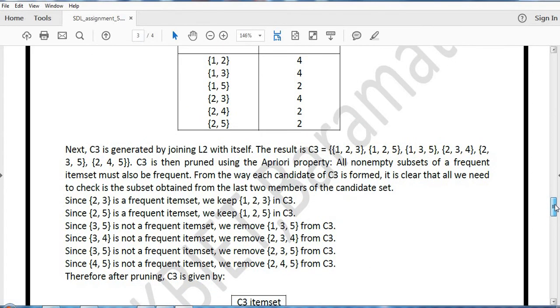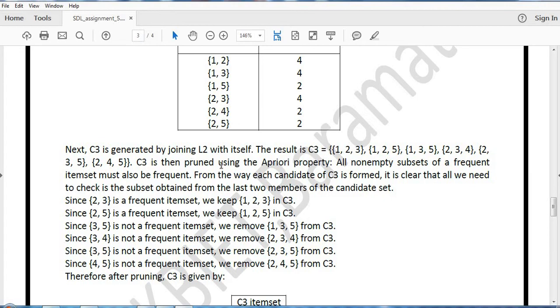C3 is generated by joining L2 with itself. The result C3 will be 1 2 3, 1 2 5, 1 3 5, I hope you are getting it, then 2 3 4 and 2 3 5. So all possible combinations of these subsets.